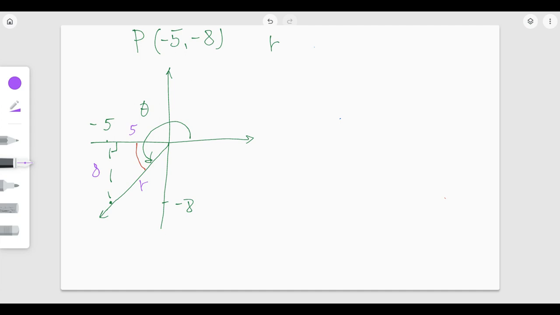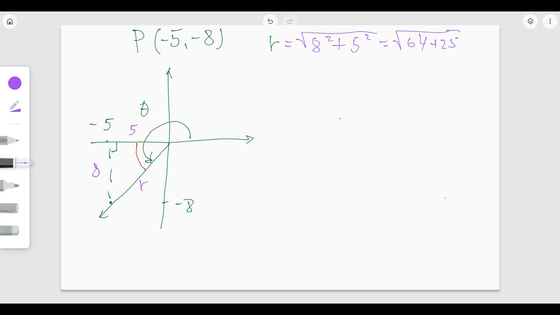So r equals the square root of 8 squared plus 5 squared, which is the square root of 64 plus 25.